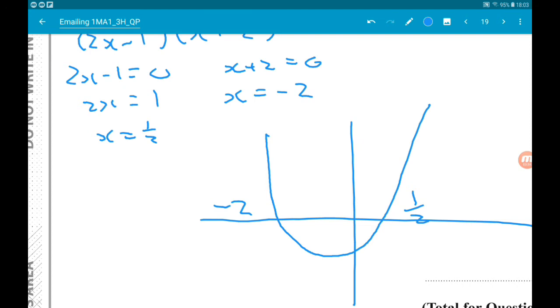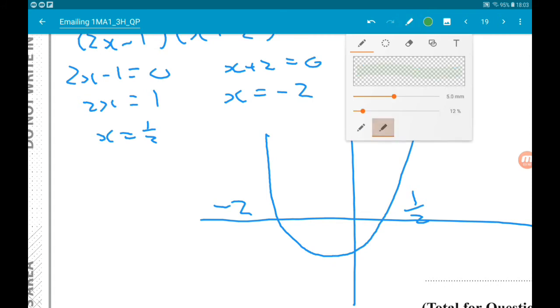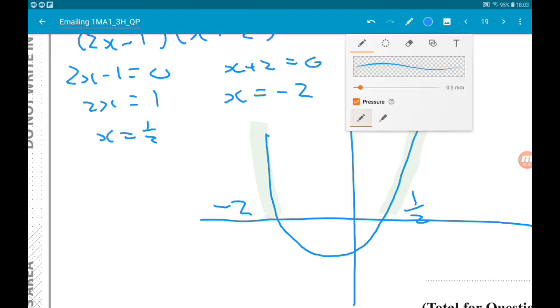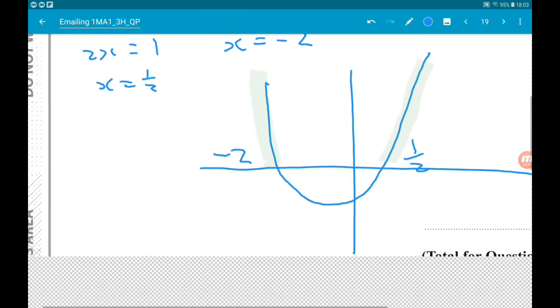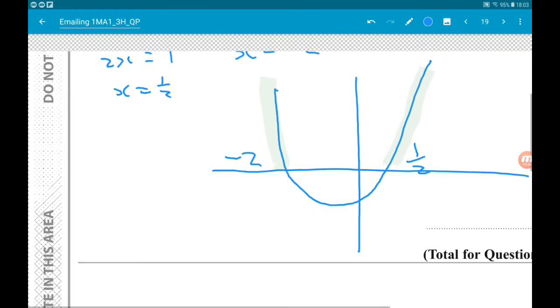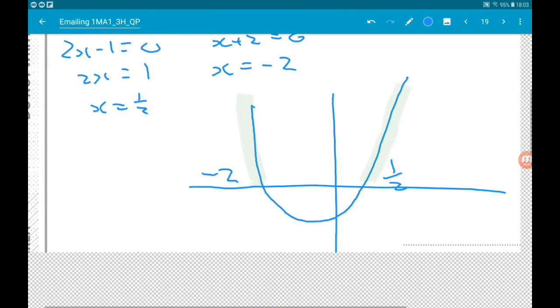Now what we want are the x values that create that part and that part of the graph. So x is, now there's strict inequalities because this was a strict inequality.